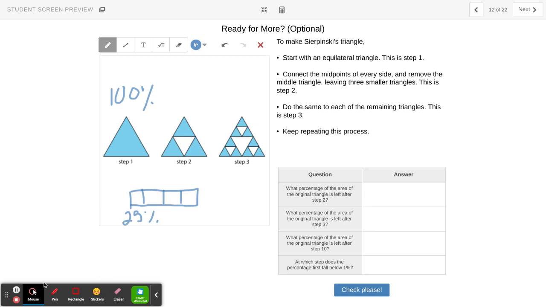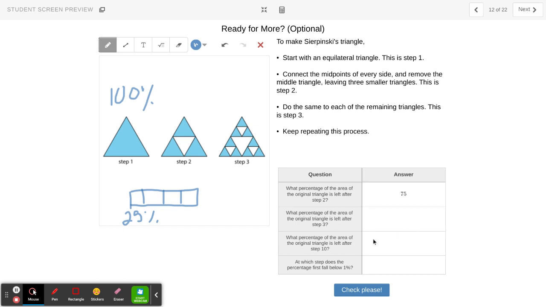So that means step 2 actually has 75% left, right? Because it's 3 out of the 4. Oops, 75% of, oh, I guess I don't need the percent.